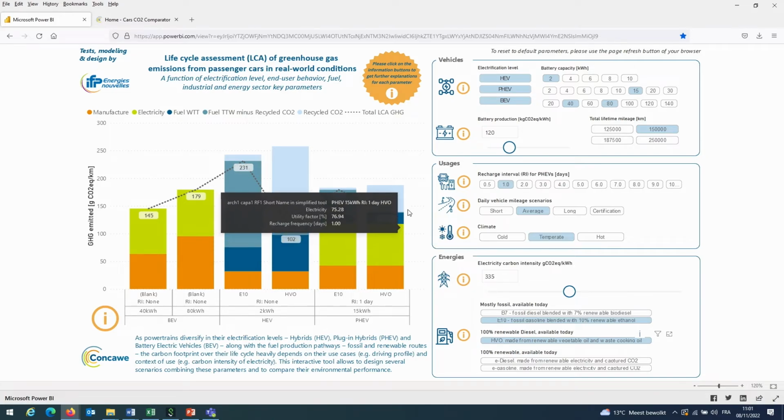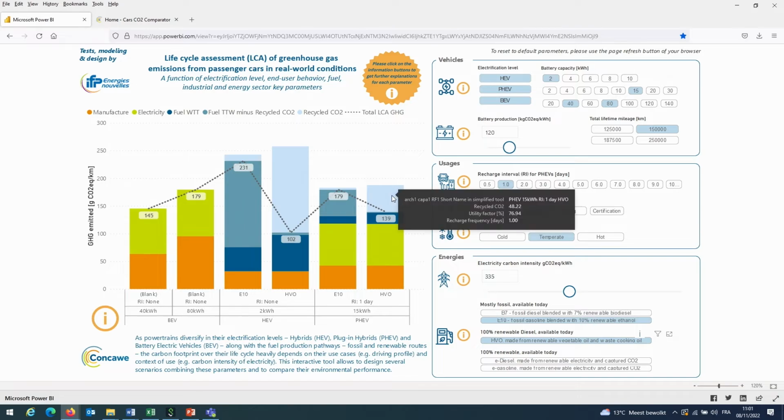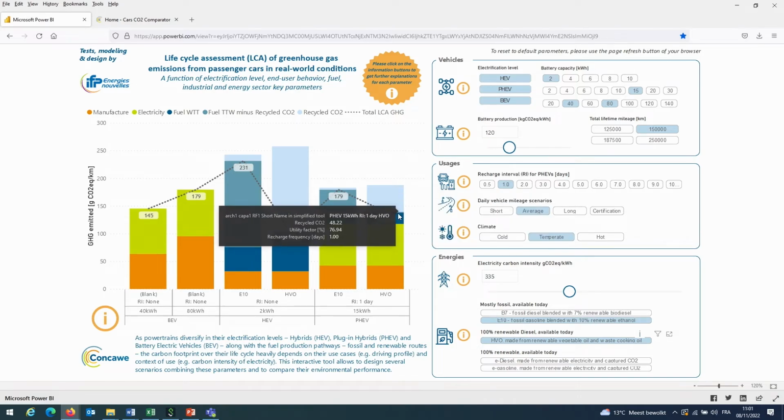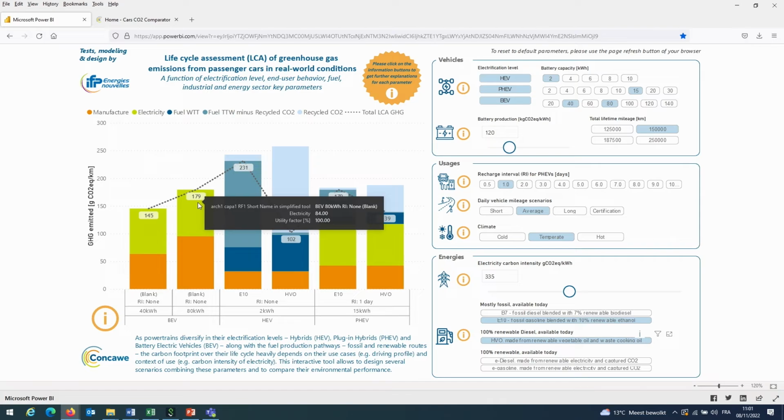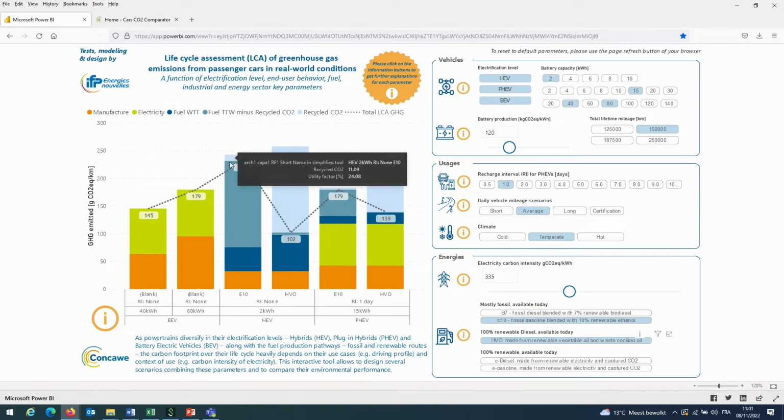And you can see that the plug-in hybrid electric car is also very interesting in this case, now competing with the small battery electric vehicle. And you can see that the big battery electric vehicle is no longer the interesting option in this case, because it emits more emissions than the other options. And of course, the worst case is still using a car fueled with mostly fossil fuels.